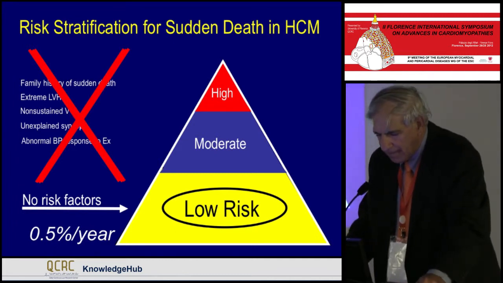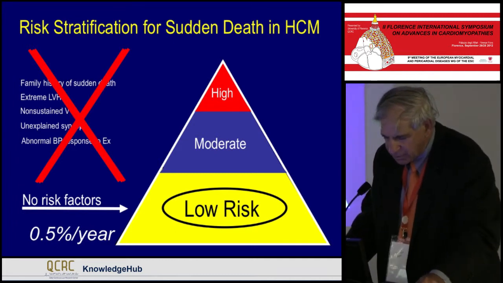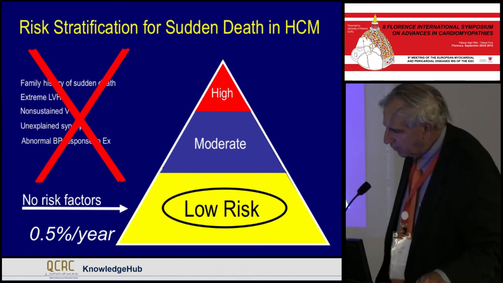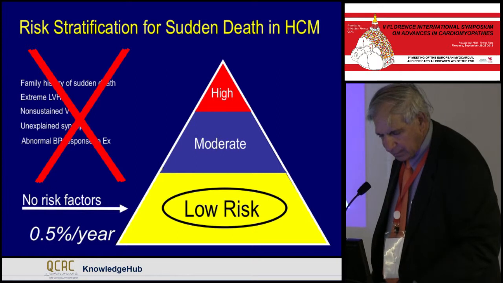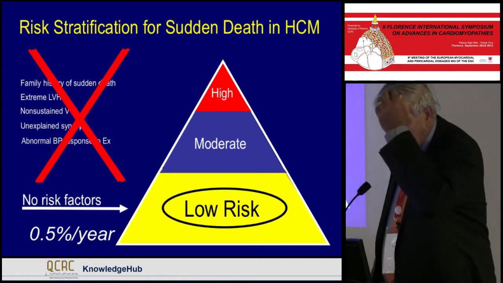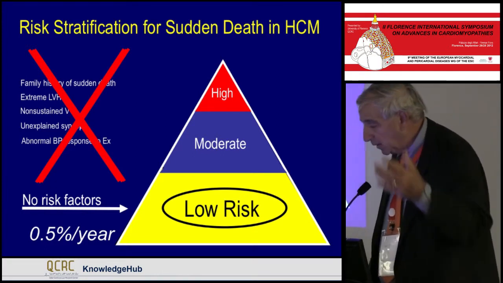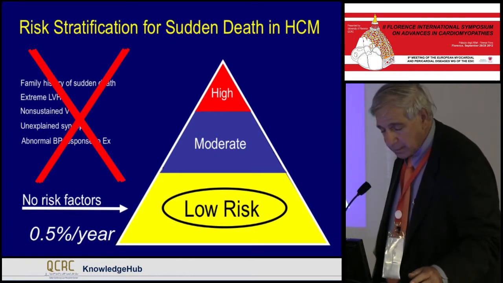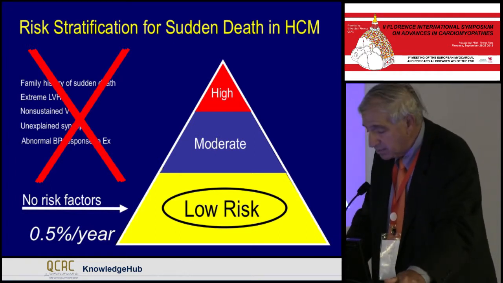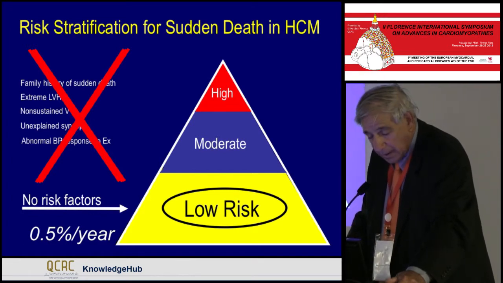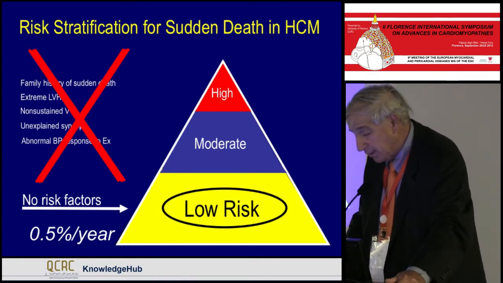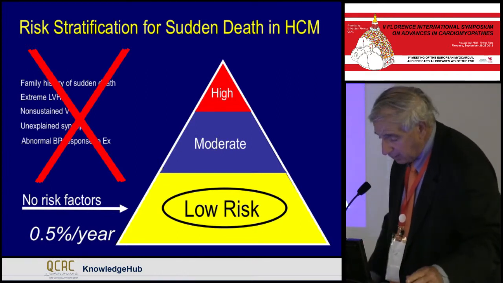So coming back to this question about risk, and many speakers have already talked about this with good reason, because presumably gadolinium is telling us about replacement scarring, interstitial fibrosis. We're not sure. Whether all LGE is scar is not known.